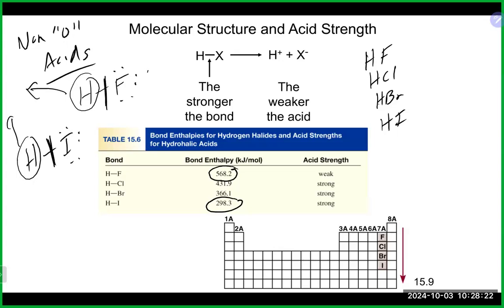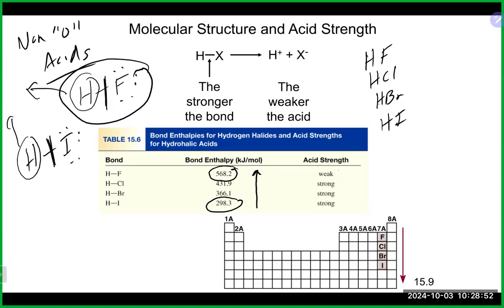Because HF takes a lot more energy to break that bond, it's going to come off a lot less than HI, which takes a lot less energy to break. HI is just going to pop off because it doesn't take as much energy compared to HF. So because bond enthalpy increases as you go up group 7, we see acid strength decrease as you go up.